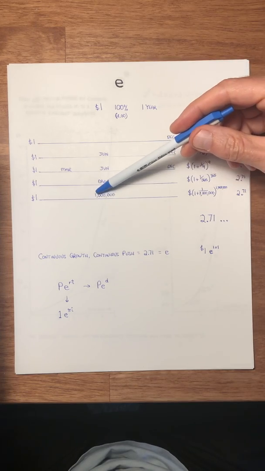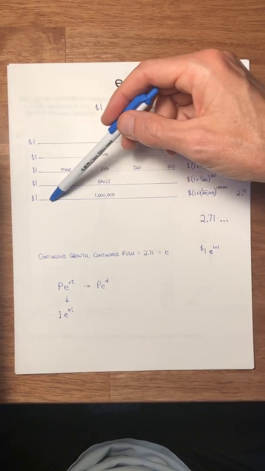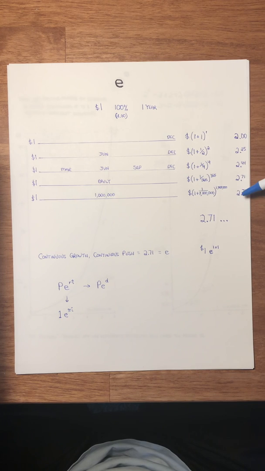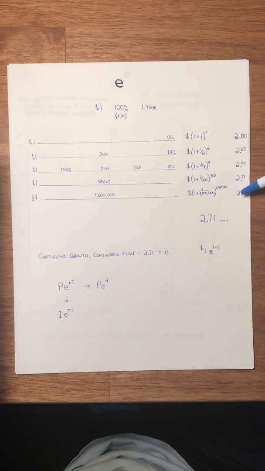If you do it each hour, each minute, or each second, millions of times throughout the year, you'll also have, wait a minute, $2.71, the same.